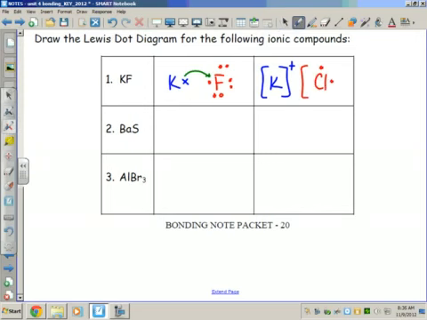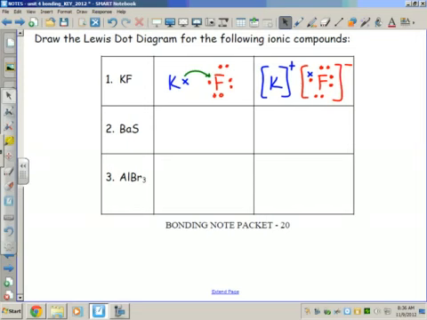Chlorine, with its extra valence electron. Bracket, oops, and that's fluorine. Got caught up in my last example. Fluorine, not chlorine. And now you have potassium fluoride.